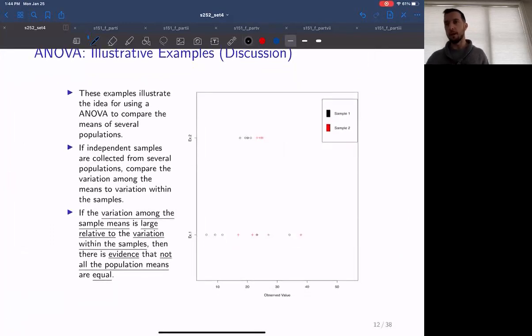Okay, so here's the same plot, and now we have both samples put on the same page. So you can see the differences between example 1 and example 2 in terms of the variation of the samples.